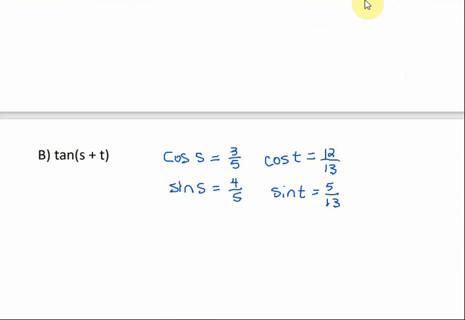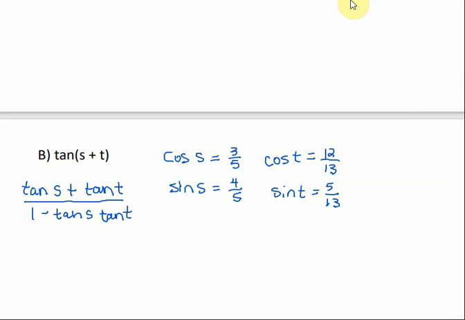Okay, so for this tangent, the sum identity for tangent is the tangent of a, well, in this case s, plus the tangent of t over 1 minus the tangent of s times the tangent of t. Okay, so we have sine and cosine of everything. We need to find tangent.